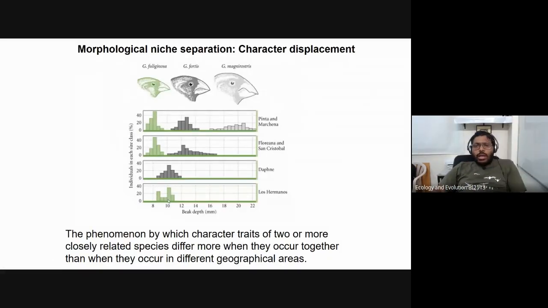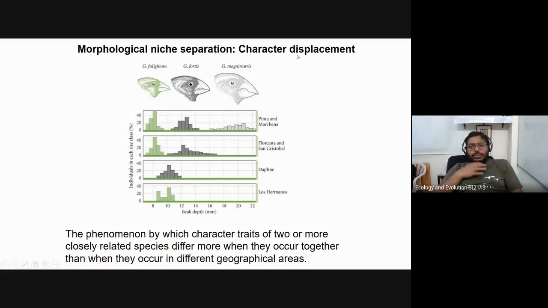This phenomenon by which the trait distributions differ more when species coexist than when they occur in two different areas is what is known as character displacement.